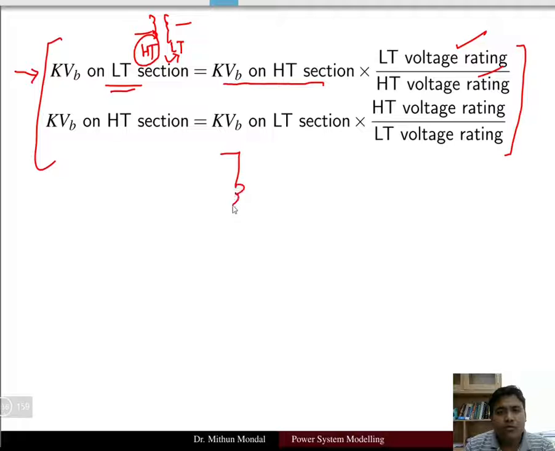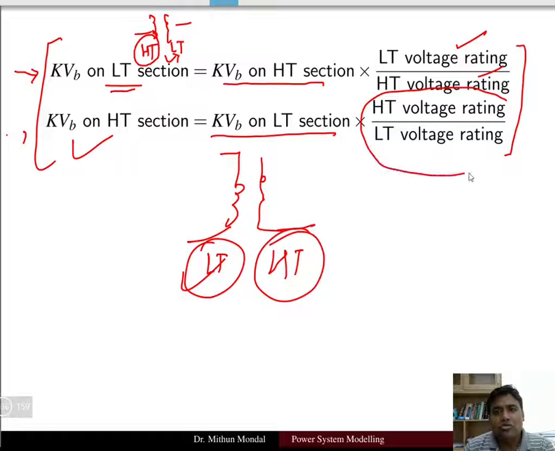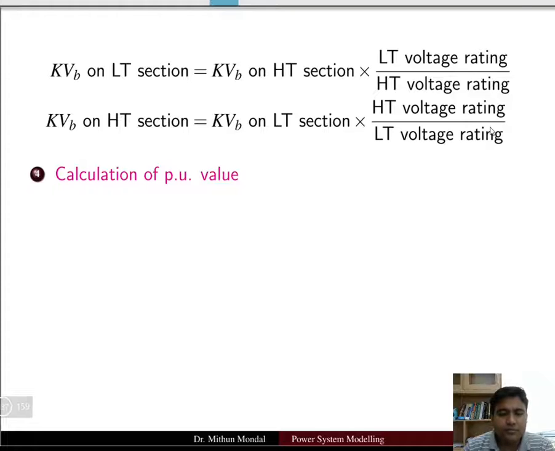Now if you have been given the low tension side and you want to obtain the high tension base voltage, then kV base on the high tension section is equal to kV base on the low tension section, which is given to you, divided by the turns ratio, that is high tension voltage rating by low tension voltage rating.